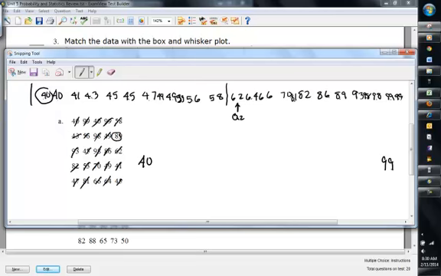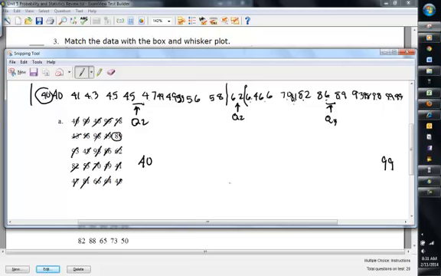1, 2, 3, 4, 5, 6, 7. Halfway between these two is Q1, so that's 46. And then the same thing up here, 12 of them here, so 1, 2, 3, 4, 5, 6. Halfway between these two is Q3, that's 87 and a half.